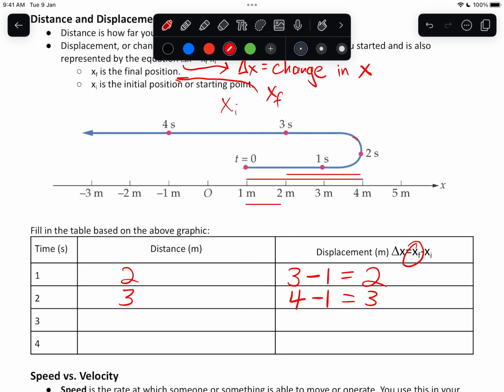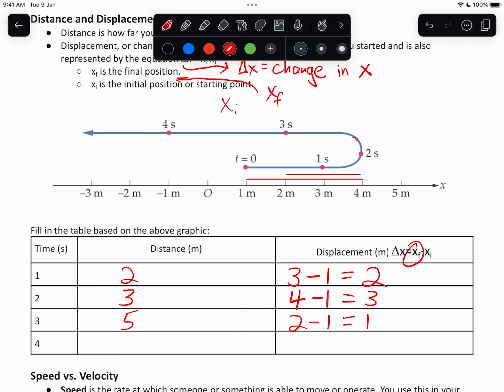So that to me looks like 5 meters. Is that right? 1, 2, 3, 4, 5. Yep. The distance I traveled was 5 meters. However, my displacement, my final position was 2 meters and my initial position was 1 meter. My displacement is only 1.